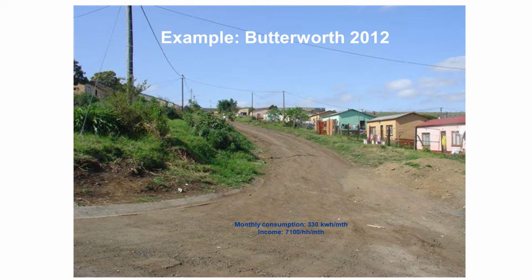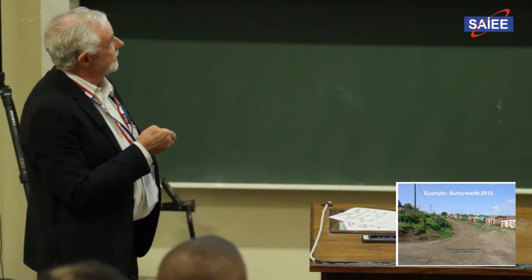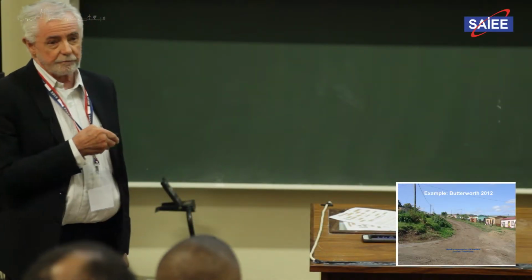This is an example of Butterworth. Monthly consumption is 330 kilowatt hours per month, income around 7,100 per household per month, and you can see what we call RDP type houses, around 70 square meters. This is quite clean. If you come to some of the areas in Gauteng, you'll find that between these two houses, you've got about 10 squatter shacks, which are fed either before or beyond the meter, which really starts messing your load up.